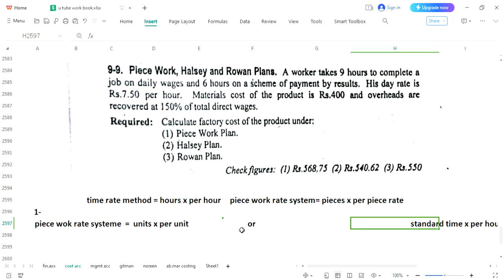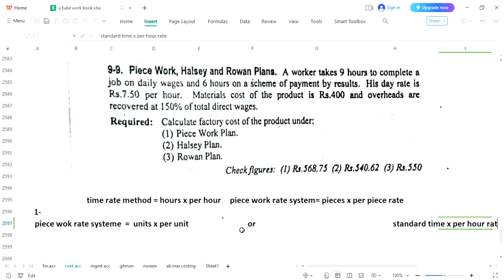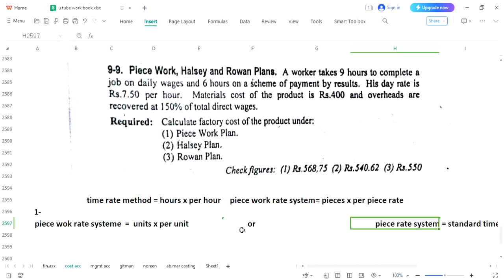And here, this formula is actually for the piece rate system as well. So let me clear you. This formula is an alternate formula for the piece rate system. Now there will be an objection from you. Why?